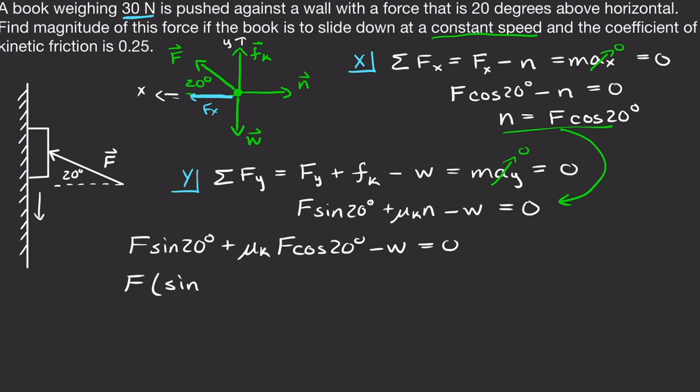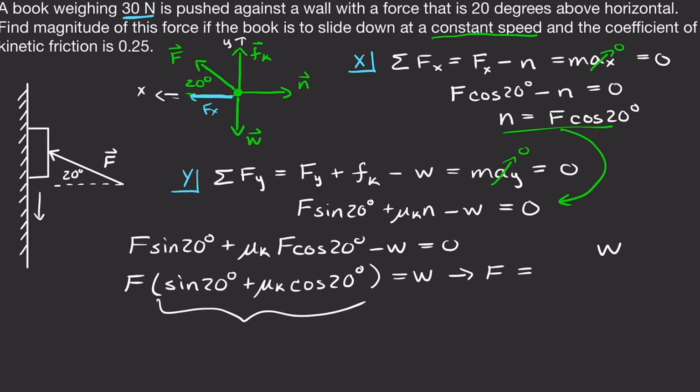So I get F times, in parentheses, sine of 20 degrees plus mu k cosine of 20 degrees. I'm going to move my weight over, so this equals the weight. And now if I solve for this force, I just need to divide both sides by this number. So my weight divided by sine of 20 degrees plus mu k cosine of 20 degrees.